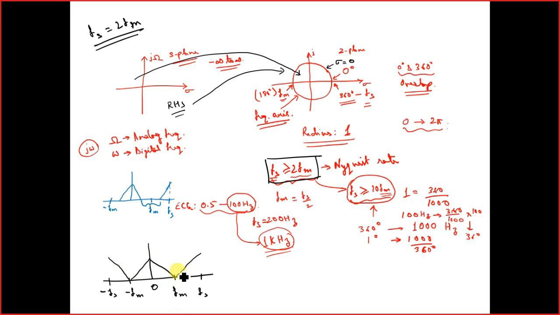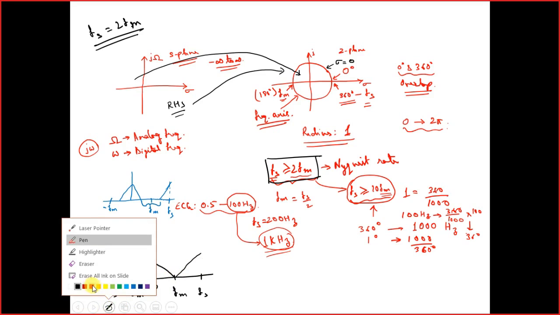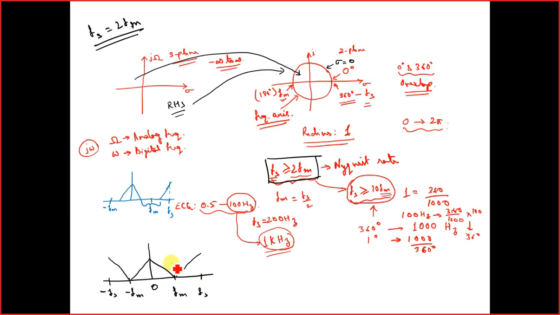Now if you see at this limiting condition, the high frequency component of the signal is in conjunction with the low frequency component when we are repeating the signal.